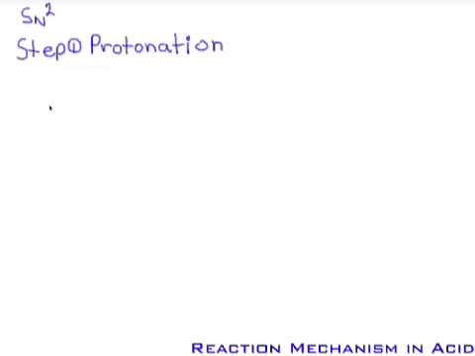So we have an epoxide, we have a C, and off of that C we're going to have 2 methyl groups. Then over here, just a CH2.